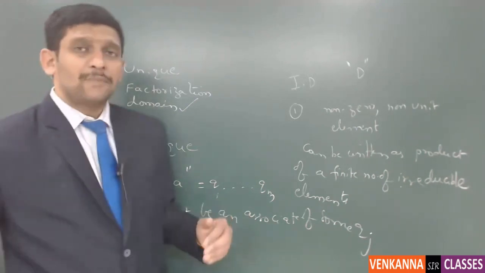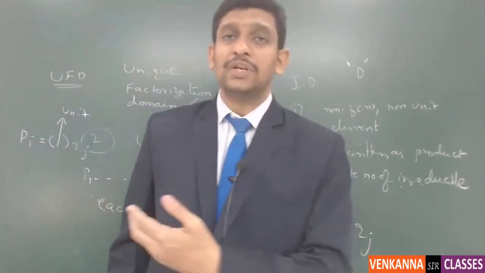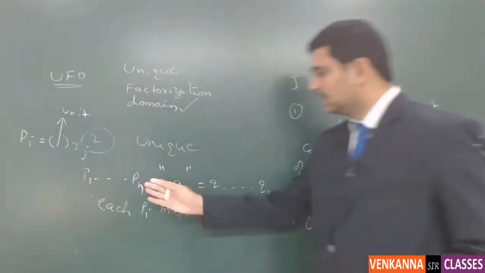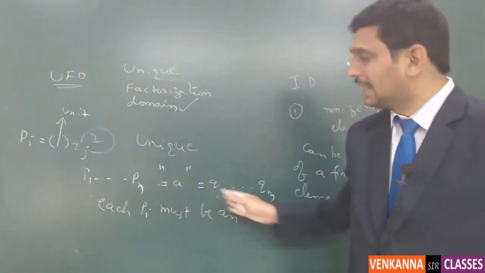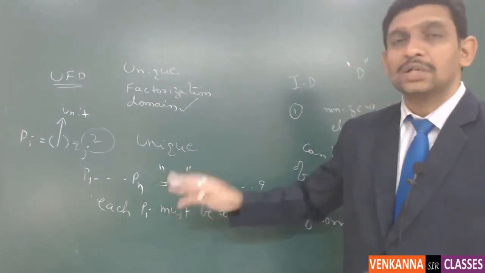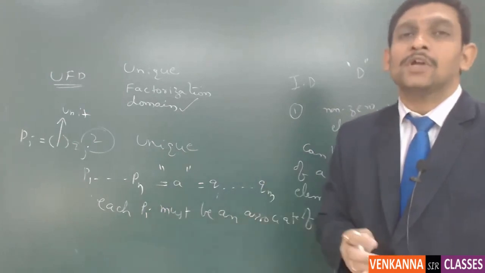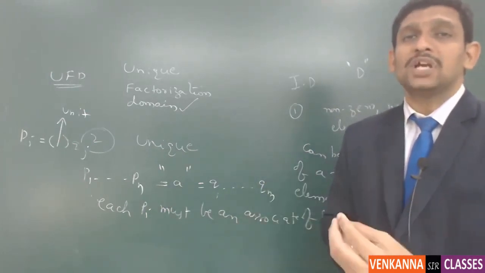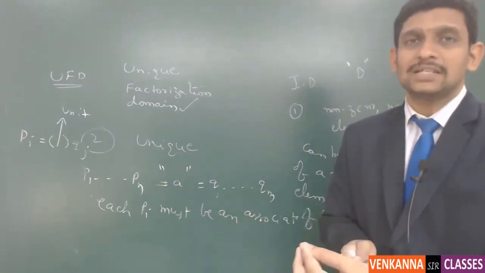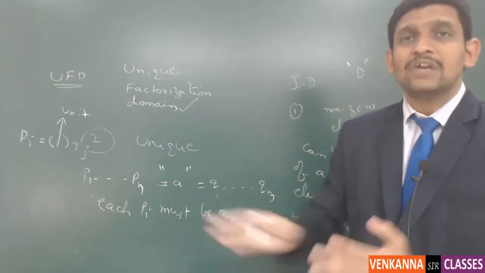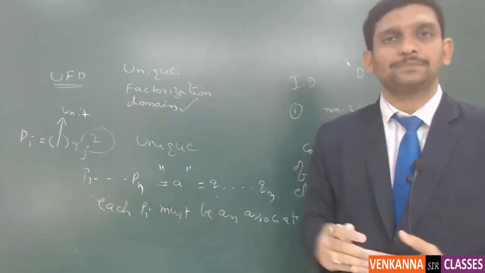Now, coming to the concept of unique factorization domain, UFD, you are factorizing the elements which are not having an inverse. So for elements which do not possess an inverse, only for those elements we are saying that factorization is possible.